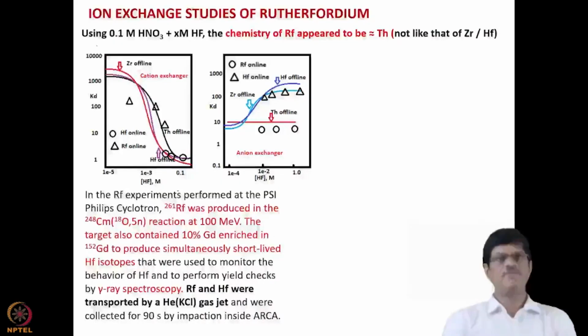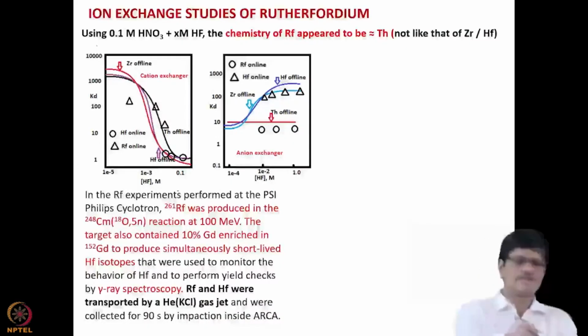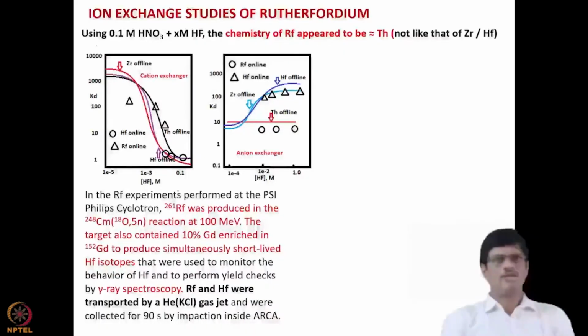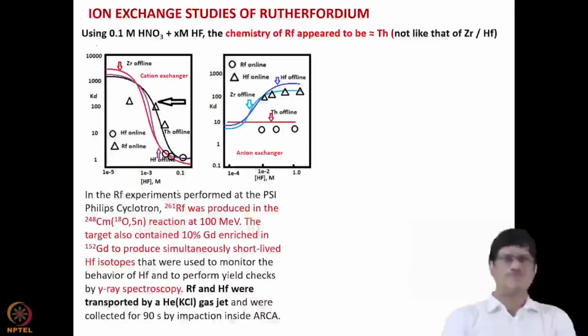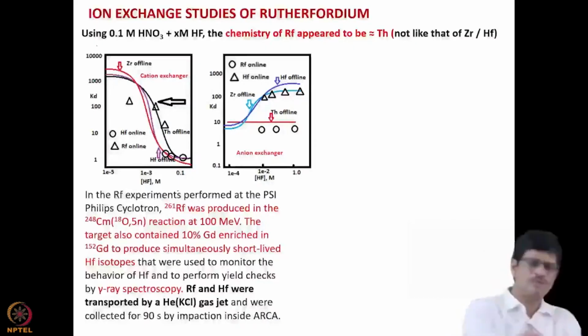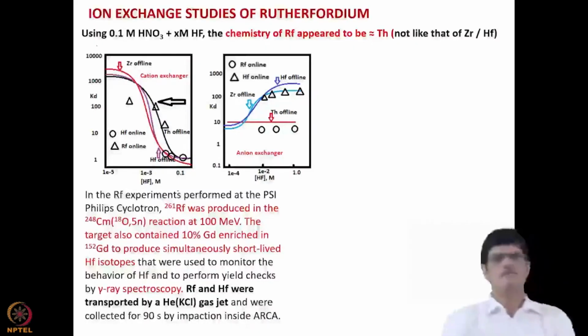You can see that the hafnium online data, which is the solid circle, and the hafnium offline data, which is the purple line shown here, more or less match. And you have the thorium offline data lying here, which surprisingly matches the rutherfordium online data. You see these triangles are the rutherfordium online data. So for the cation exchange column experiments, the thorium data is matching with that of the rutherfordium online data.